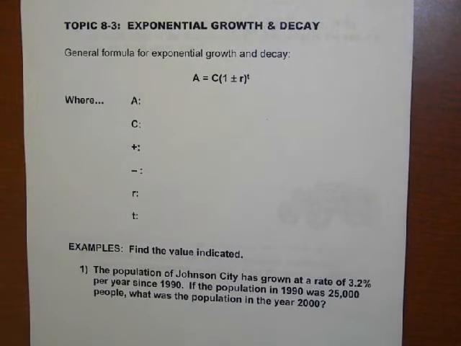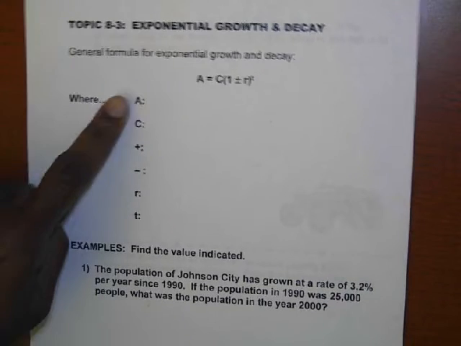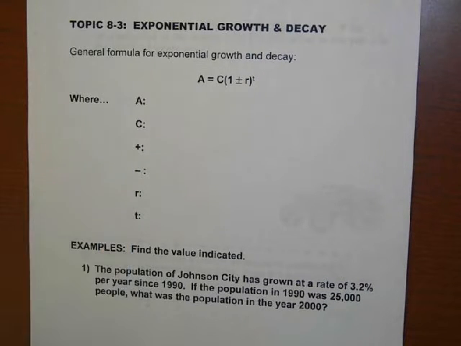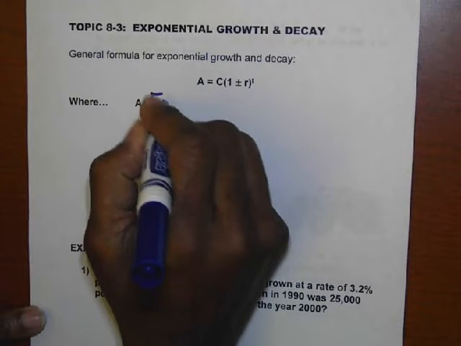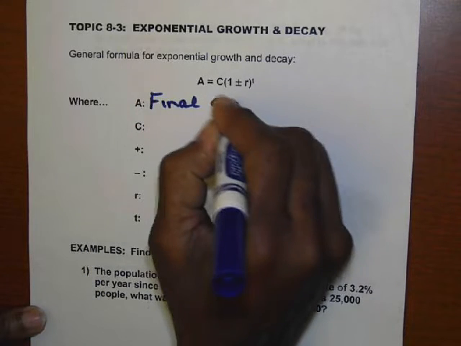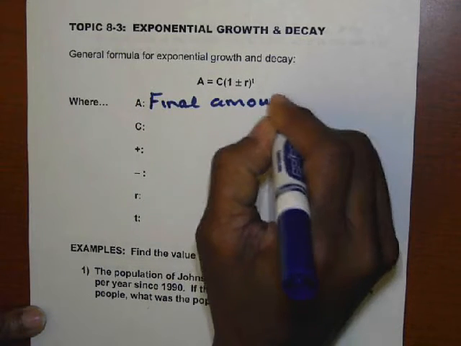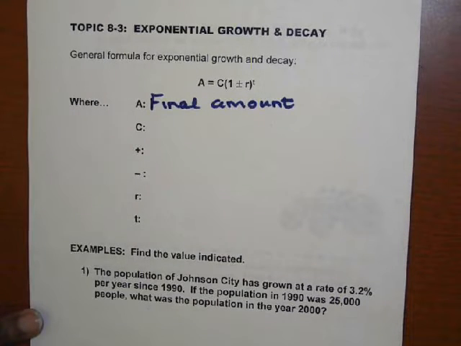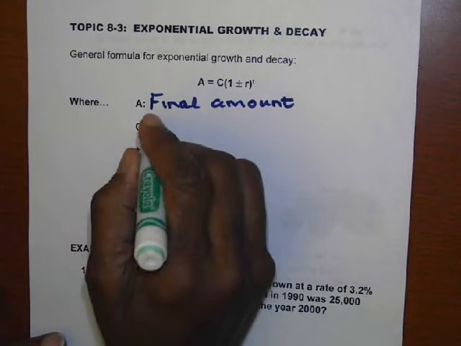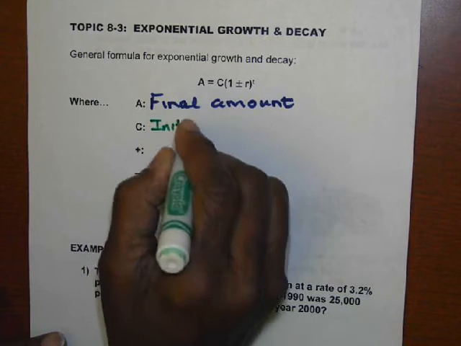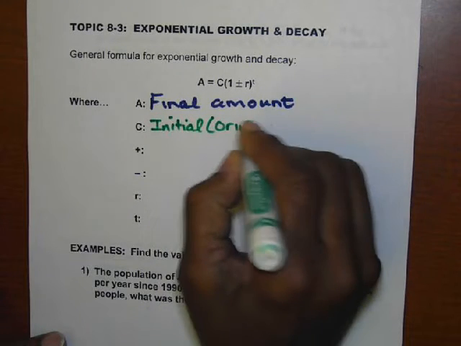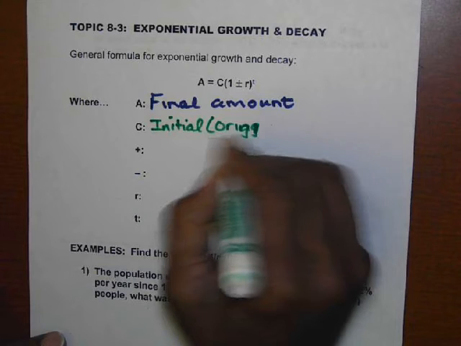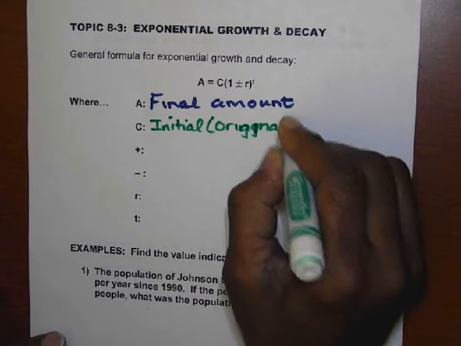Well, as with any formula, the variables mean something. Here's a list of the variables, and now we're going to talk about their meaning. So A is our final amount. C is our initial or original amount.